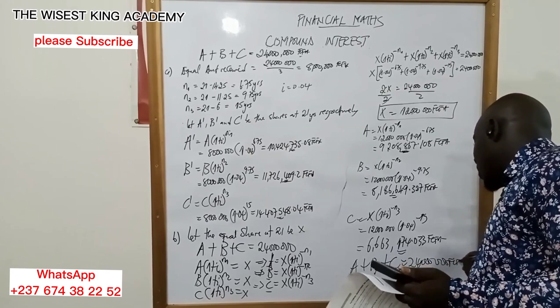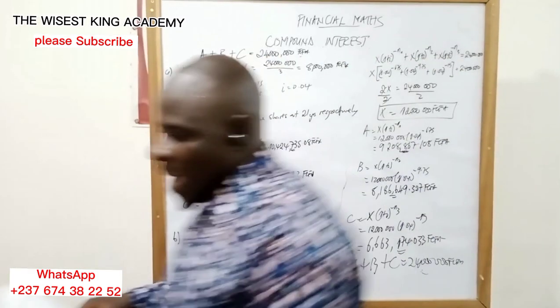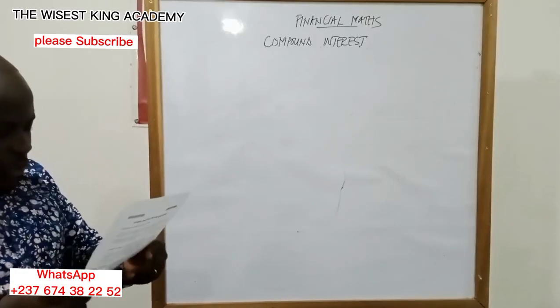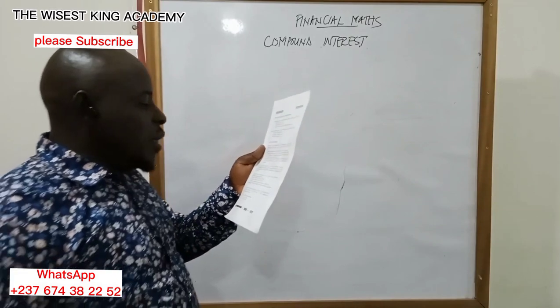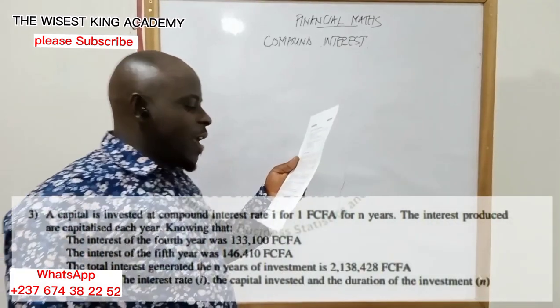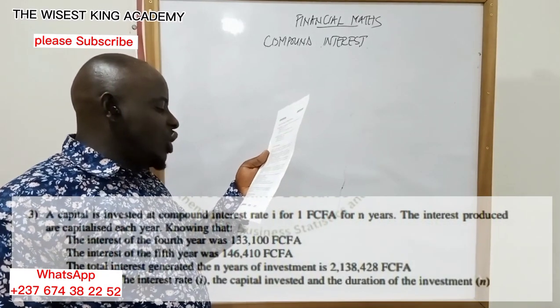So we share the amount. So that is question number 1. I go to question 3. A capital is invested at compound interest rate I for n years. The interest produced is capitalized each year.